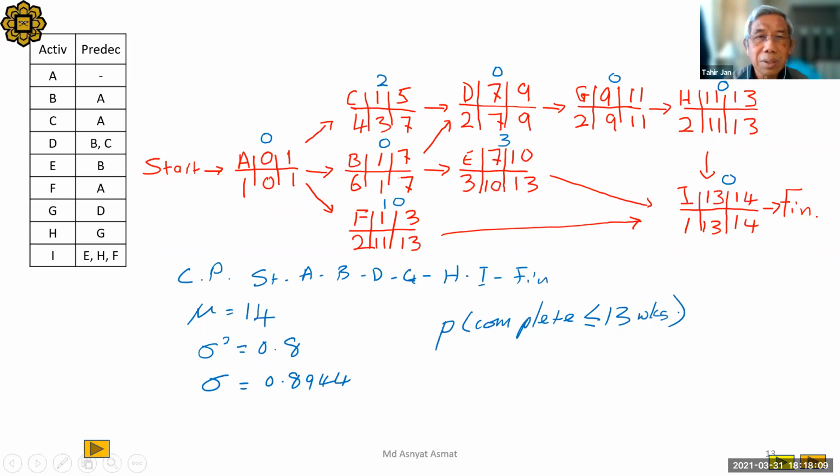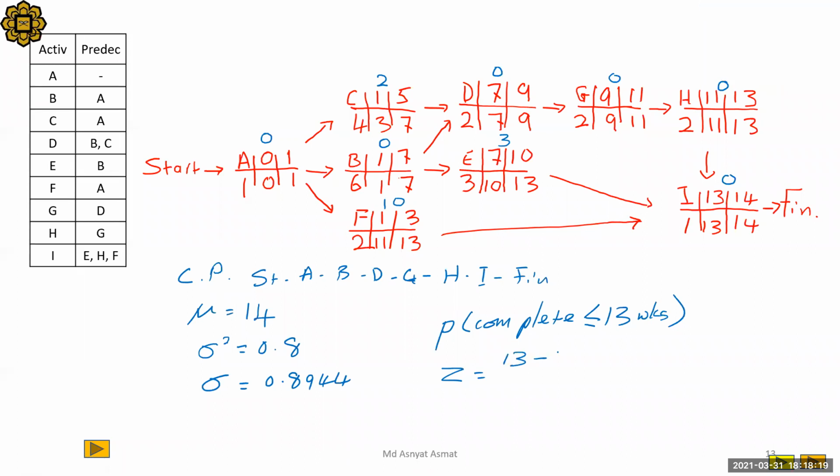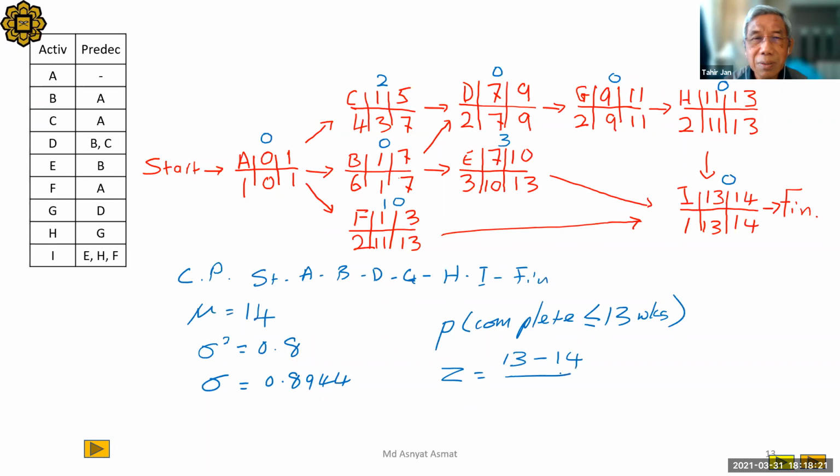What do we do? Find Z. Z equals 13 minus 14 over 0.8944.